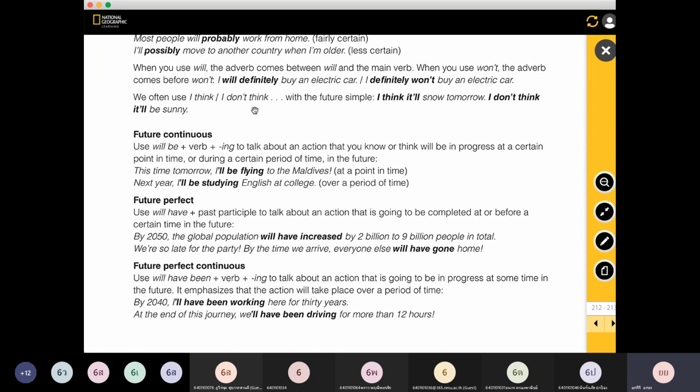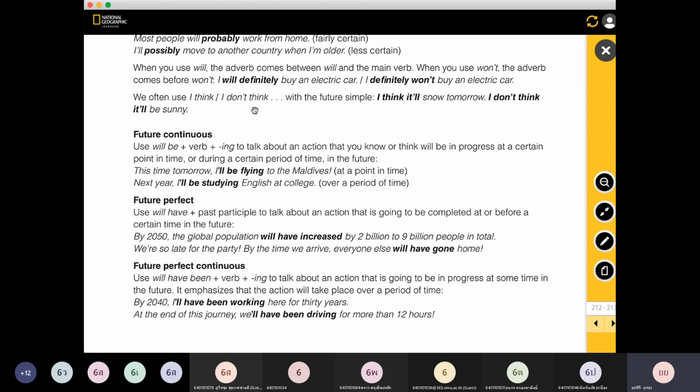But when you use this tense, you have to pinpoint a specific time in the future. For example, at this time next week, we will be having a summative test.